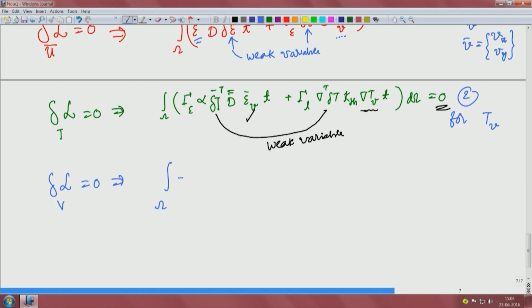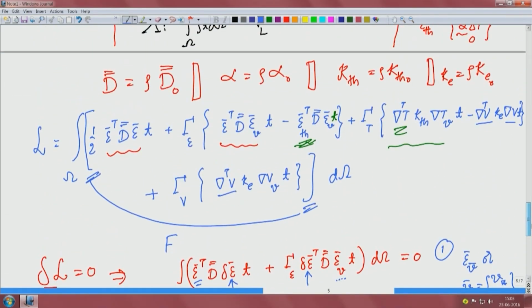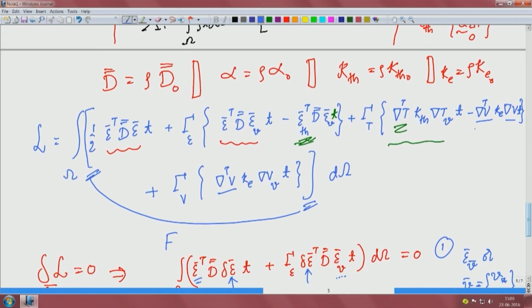This will have a minus because that has a minus there, del V transpose Ke del V V, okay, t, and of course, we have that gamma V, and this is a minus sign. Let me put that properly, minus sign t, that is the first term that we got where V is.